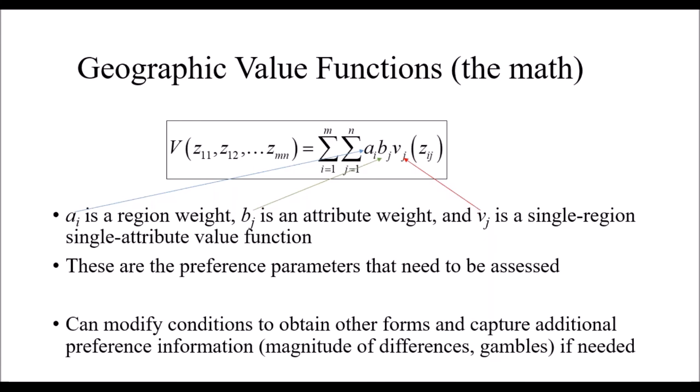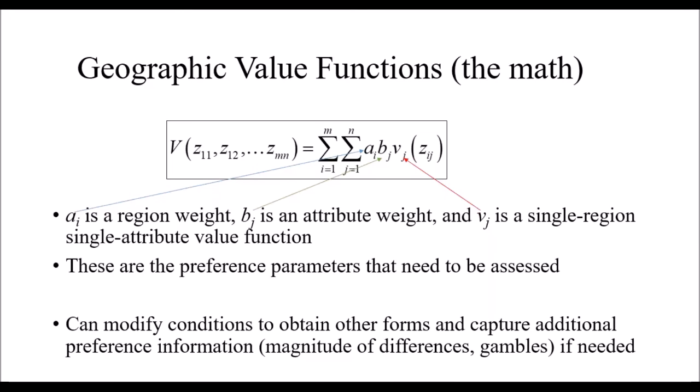If you want the value functions to capture more detailed aspects of preferences, so for instance, if you want to apply them to gambles where the distribution of outcomes is uncertain, there are other conditions you can use that will allow you to do that. I'm not going to go into that, but a couple of the references that I will give you at the end deal more with that. We're just looking at these basic forms of value functions.